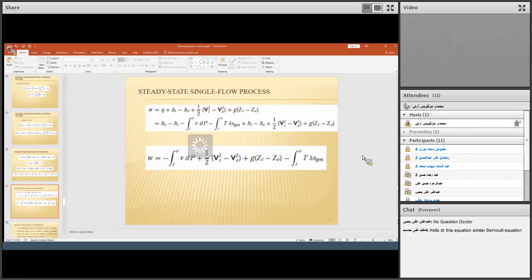From the above equation, the work can be computed.